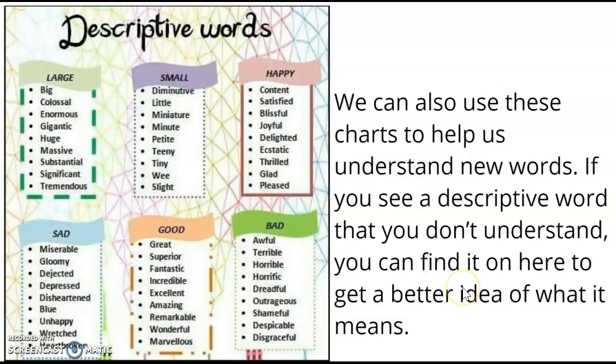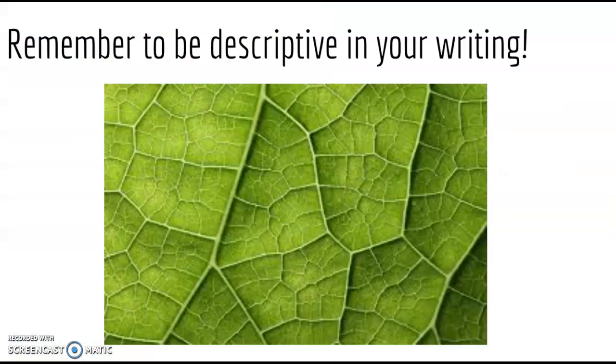So that event sounded like a very positive thing. So first I went to happy, but I did not see the word remarkable underneath. I realized it's still something positive, so I looked at this line up here, good, and I found the word remarkable. So it made me realize that remarkable means good. And so that's how I learned a new word recently. So that's another way that you could use those charts in your reading. If you find a word that you're struggling to understand, you could also try it there.